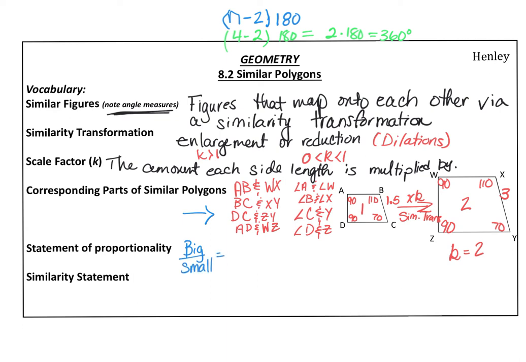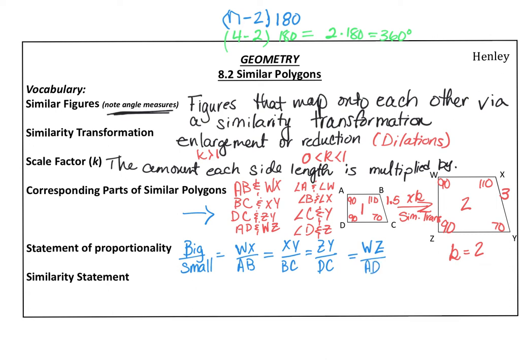Now we make our statement of proportionality. So we have WX is proportional to AB, which is the same as XY, which is proportional to BC, which is the same as ZY, which is proportional to DC, the same as WZ, which is proportional to AD.